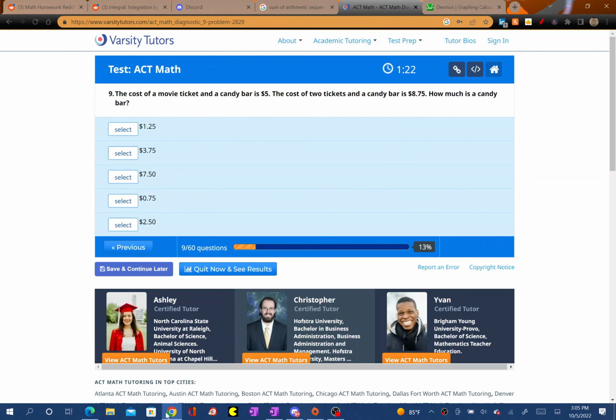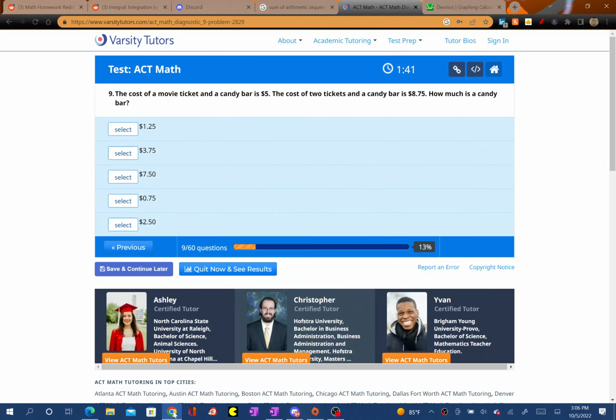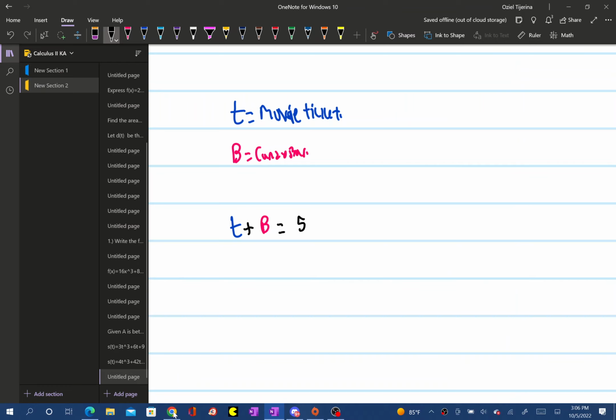Let me write it down, guys, hold on. So T plus B is equal to $5, so T plus B is 5.